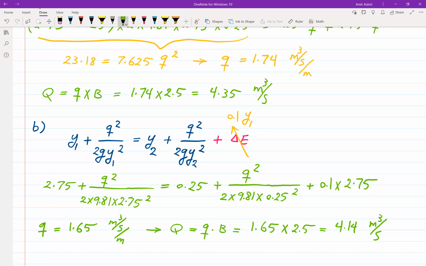Okay, so if you compare the answer without any energy loss with the case that we have energy loss, you'll see that the energy loss reduces the discharge. So the more energy loss you have in the system, the less discharge goes through the hydraulic structure. Okay.